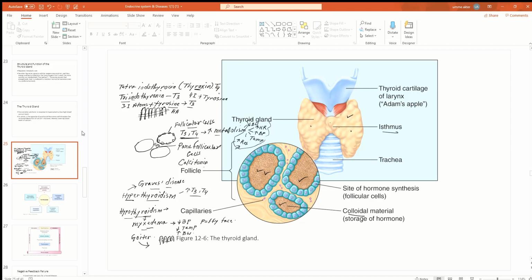So this is the enlargement of the thyroid gland due to accumulation of colloid or protein inside the follicles of the gland. This can occur due to lack of iodine, so that is hypothyroidism.